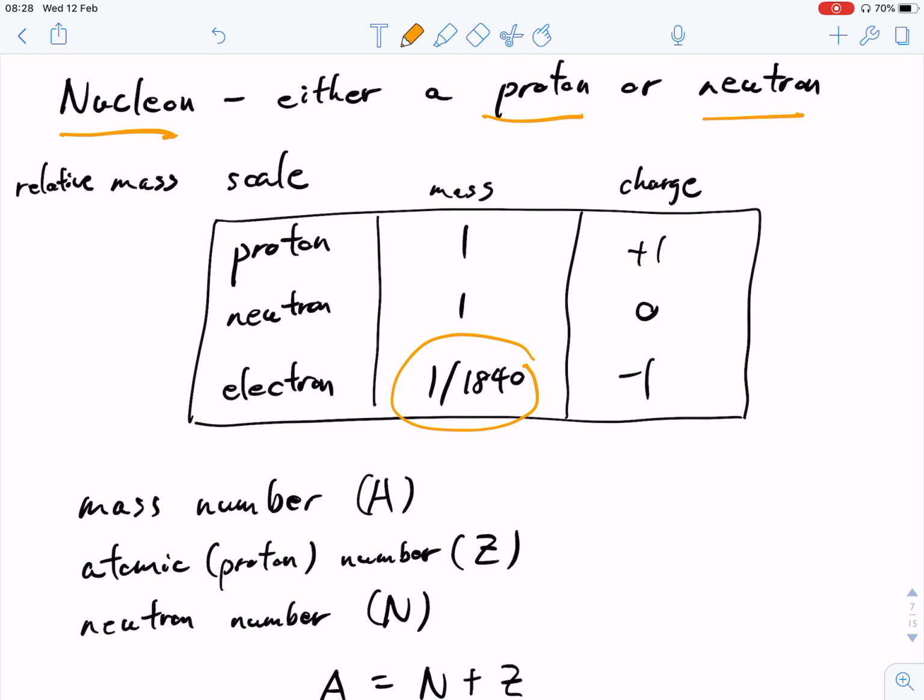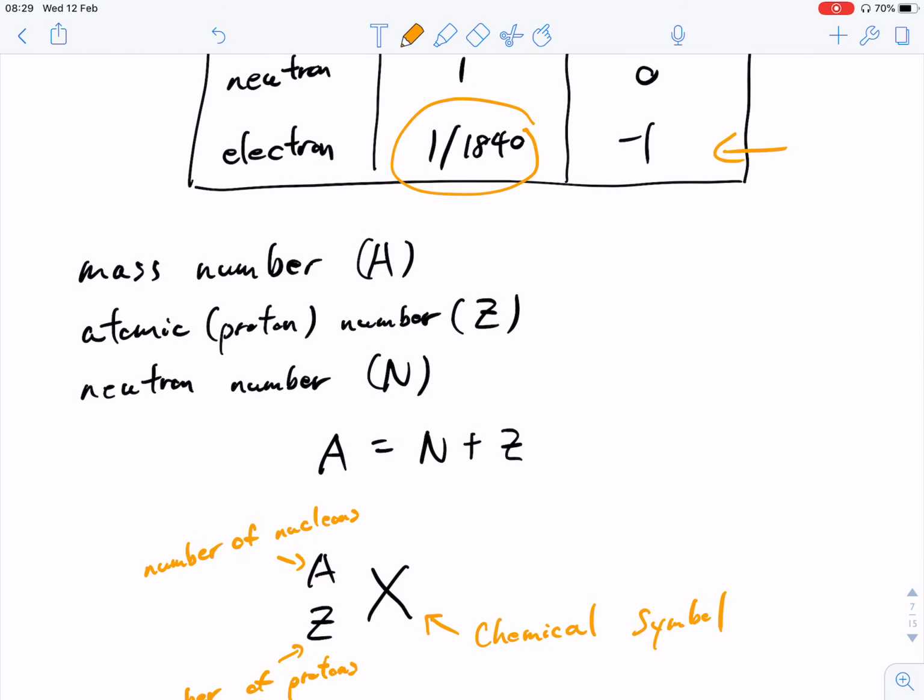So if protons and neutrons had the mass or even the size of one unit, then an electron is 1,800 times smaller than that, okay? But in terms of charge, it still holds a full -1 charge, and a proton holds a +1 charge in comparison.